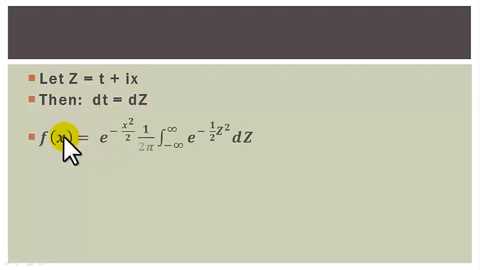So therefore our f of x will then become exponent minus x squared over 2 times 1 over 2 pi, integral from minus infinity to infinity, exponent minus half z squared dz. Observe that what you have here is the density function of a standard normal random variable z, and you know that the integral of this function is equal to the square root of 2 pi.